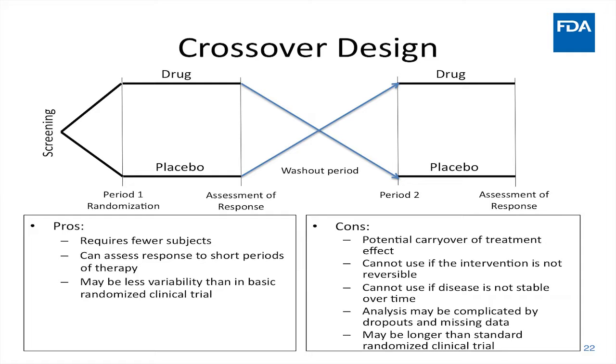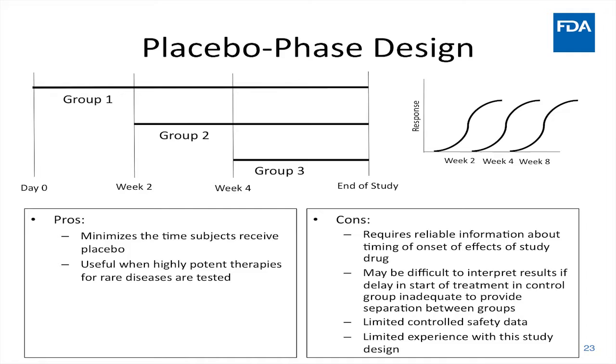I think a similar design was used for the approval of anakinra for NOMID, where patients served as their own control, and that minimizes the intra-individual variability. So again, this has limited application because you need a short-acting drug like anakinra that can be washed out, and also symptomatic disease that would go away with treatment.